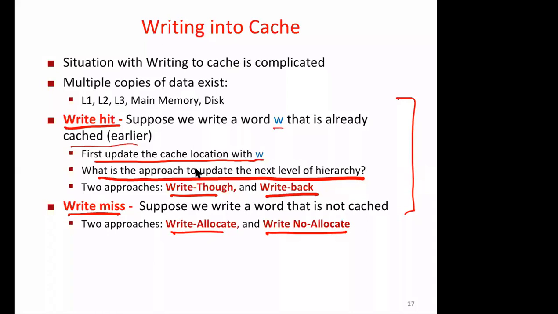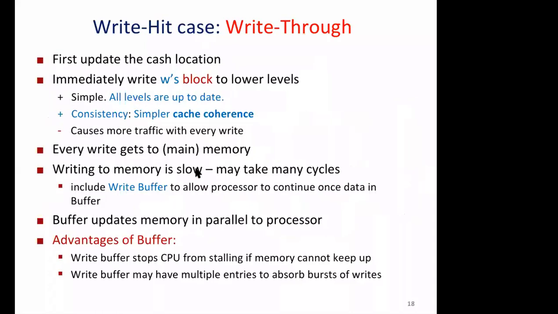What we can do is the first method, called write through. It's simple, right? We say that all levels of the cache need to be consistent. So when we're writing into L1, at the same time write into L2, then L3, and then main memory.